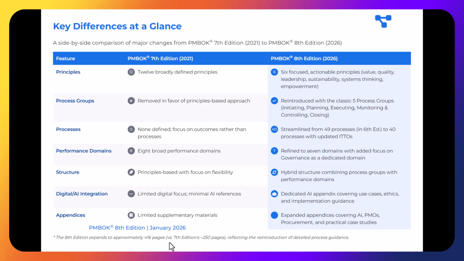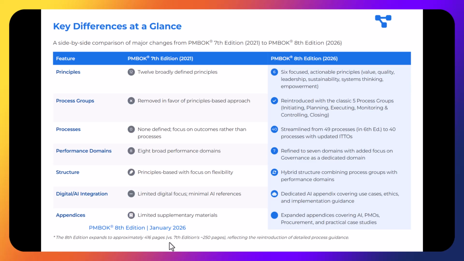Then you have the digital and the AI integration. It was limited in its digital focus, this last version, the 7th edition, and it had minimal AI references. Now that we're understanding more about AI as a humanity, there'll be a dedicated AI appendix covering different use cases, ethics, and implementation guidance for project managers and project teams.